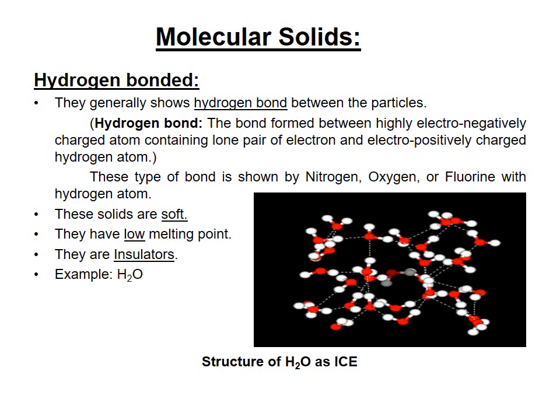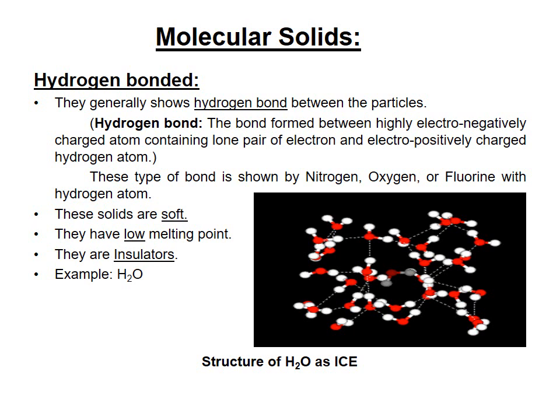That is, you can say that nitrogen, oxygen and fluorine are highly electronegative atoms containing lone pair of electrons, and hydrogen forms a hydrogen bond with those elements.